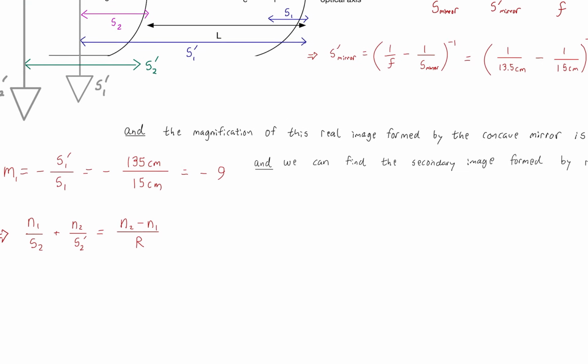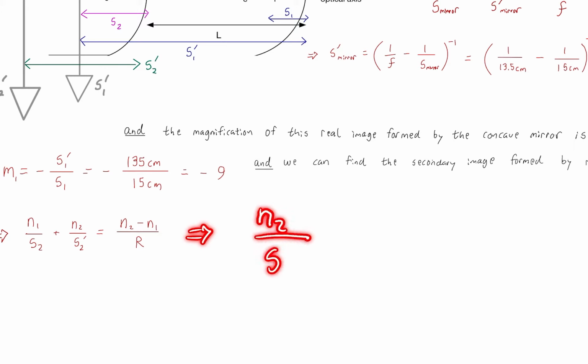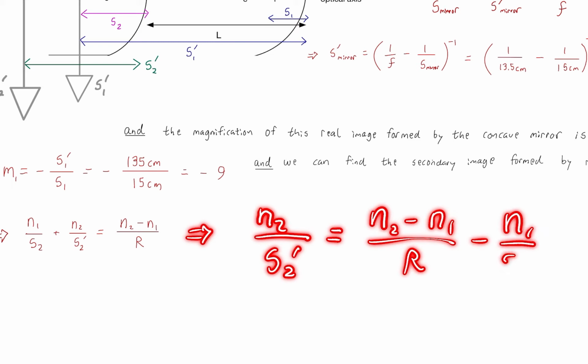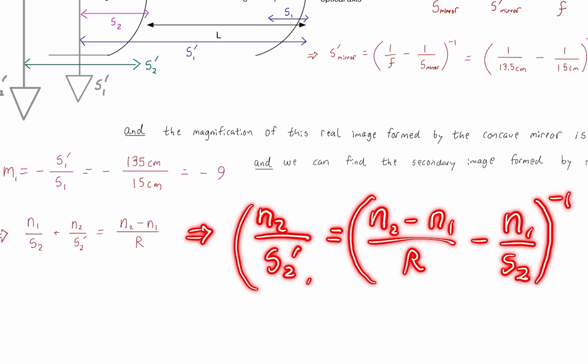And if I want to solve this for S2 prime, I'm going to show you the steps before we proceed. So first I'm going to subtract the N1 term from both sides. Then I'm going to take the reciprocal of both sides, so I'm just going to raise both sides to the power of negative 1. When I do that, on the left-hand side I get S2 prime over N2.